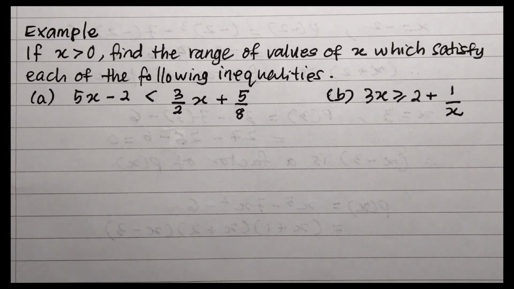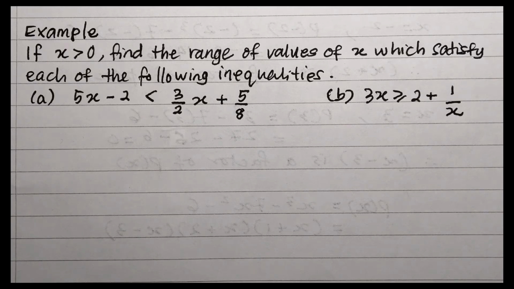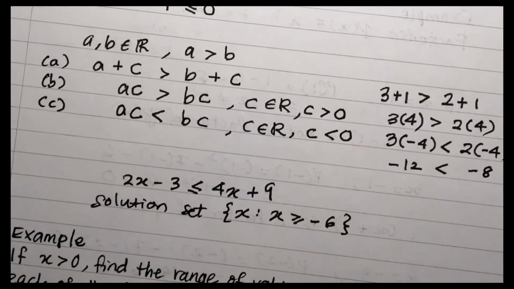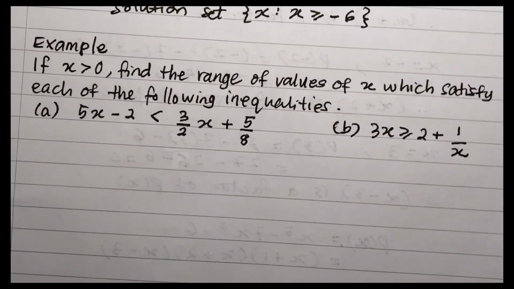If x is more than 0, or x is a positive number, find the range of values of x which satisfy each of the following inequalities. For question A, the given is 5x minus 2 less than 3 over 2 x plus 5 over 8.